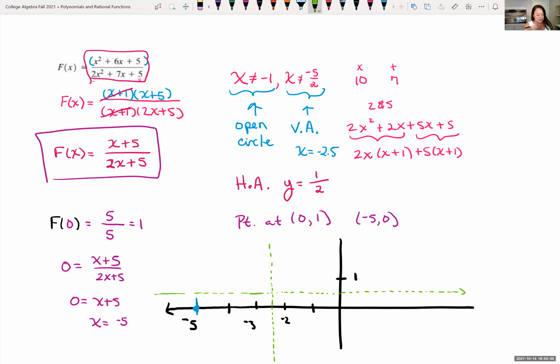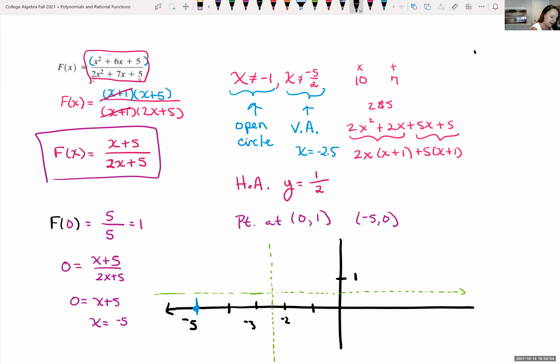Okay, so I need to know, is the graph falling above or below the x-axis between negative 5 and my vertical asymptote of negative 2.5? And so let's go in and plug in a point, and we can plug it into the simplified form.